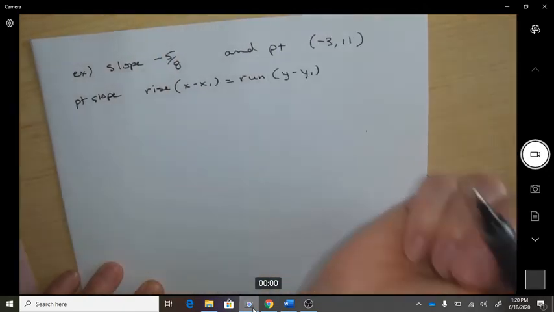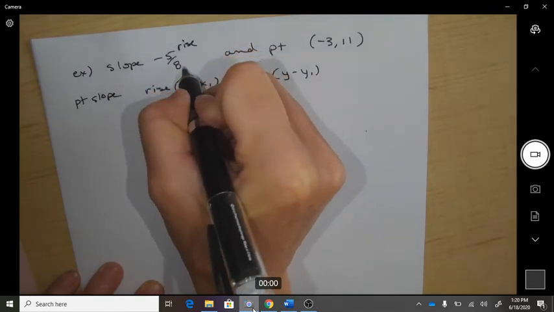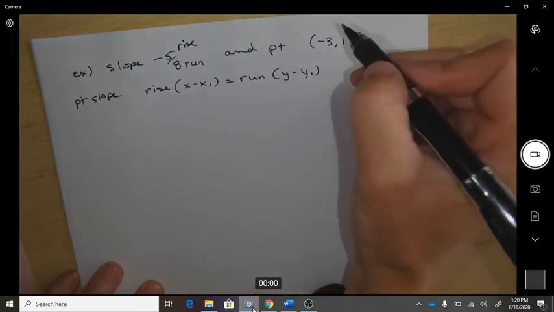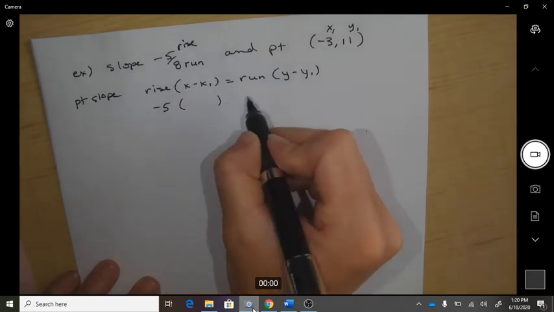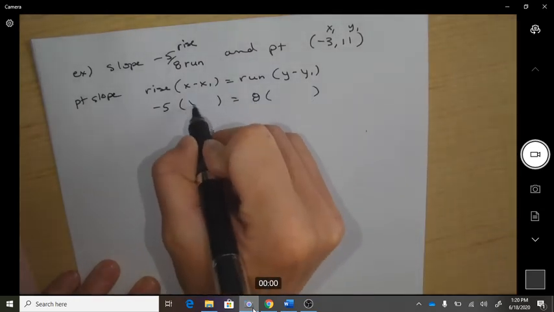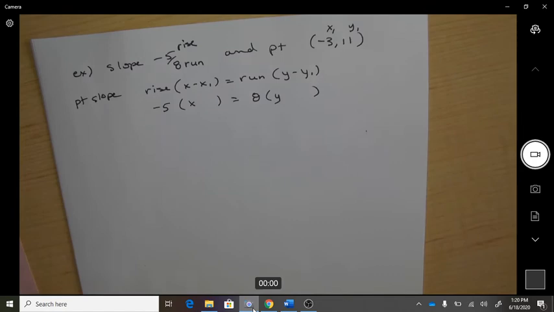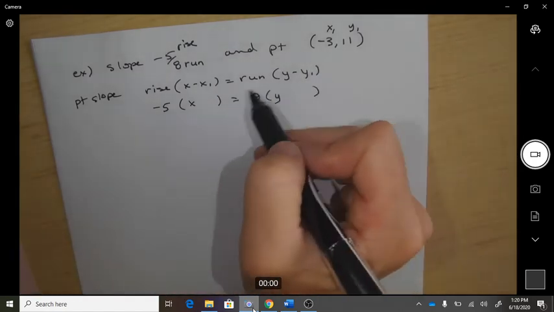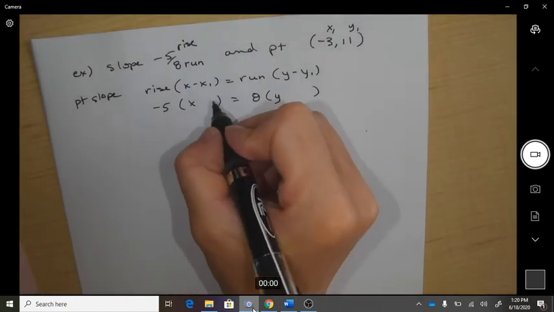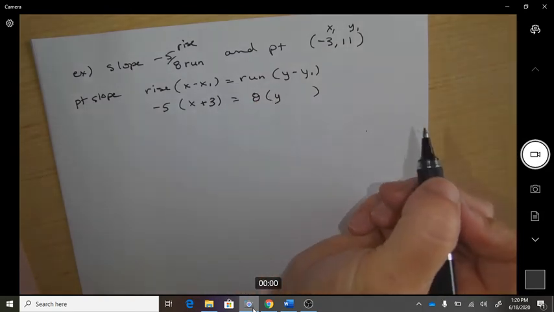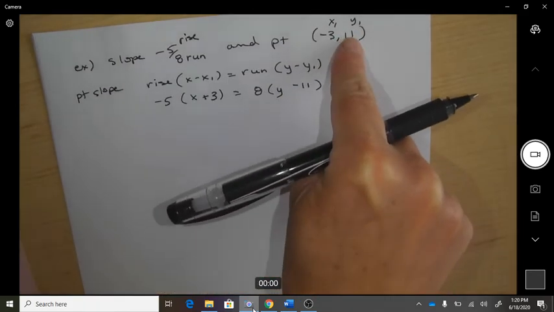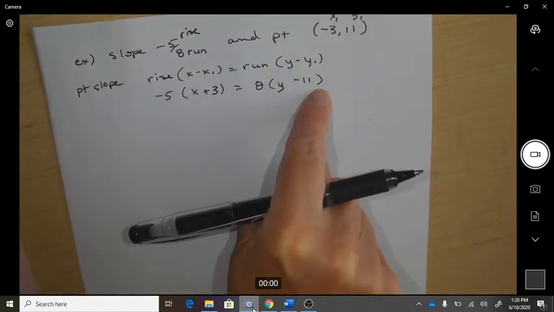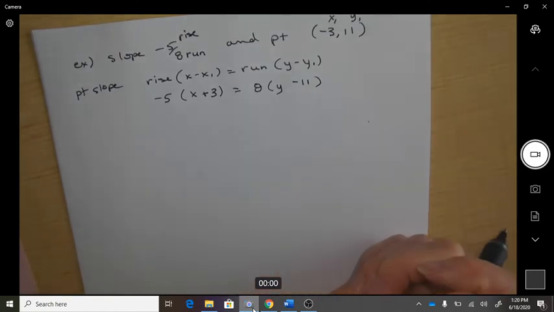So I'm going to be using rise over run as my slope, and I'd be using the coordinates x1 and y1. So -5 goes there, 8 goes there, x and y leave open for other points, and we're going to be subtracting a -3. So we're going to actually add 3 and subtract 11. So whatever your coordinate is, your point, you should see the opposite in your formula. So that would be the end.